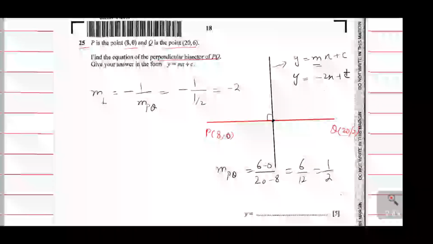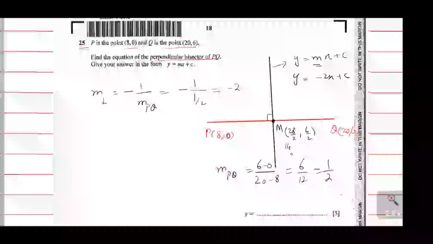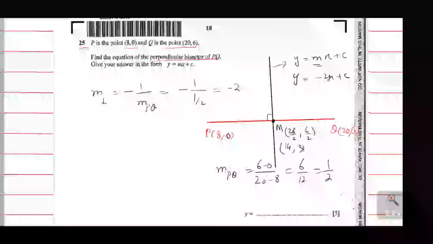To calculate the c, we will take a point on this line. This is the point, and we name it M. This is the midpoint of PQ. The midpoint of PQ will be 8 plus 20 is 28 over 2, 0 plus 6, 6 over 2, and this is (14, 3), which will be the point. We will substitute this point in this equation, y equal to minus 2x plus c.